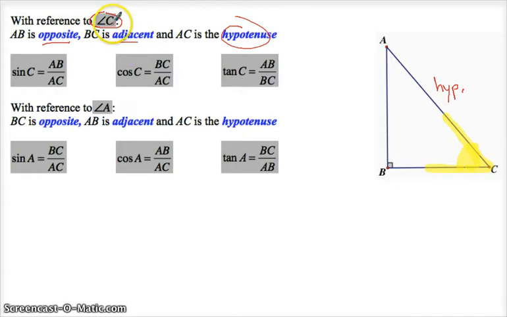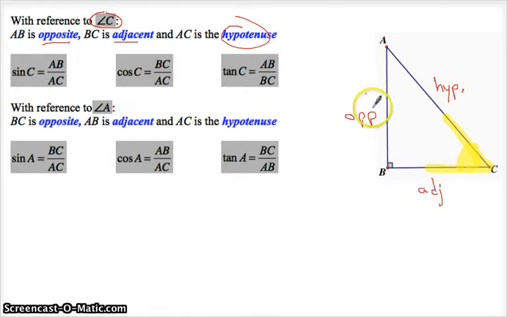Opposite means opposite to angle C, and adjacent means adjacent to angle C. So these two legs, the two sides that meet at the right angle, one of them we're going to call opposite, one of them adjacent, again relative to angle C. Opposite to angle C would be this one, and adjacent to angle C would be this one.